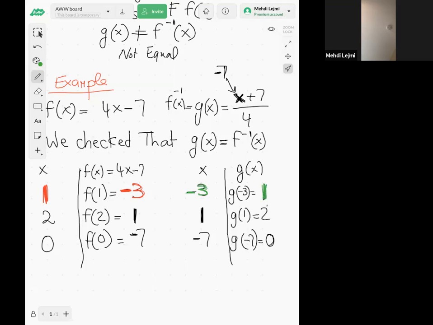So it's like you interchange the input x with the output y. Here the same: if your x is 2, then f of 2 is 1. Now for g, the inverse, if your x is 1, then g of 1 would be 2.